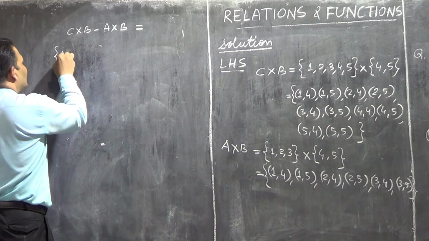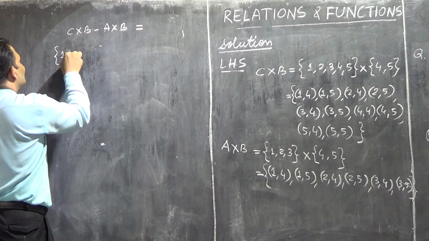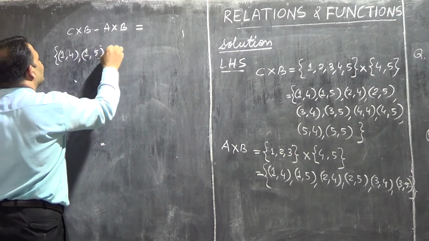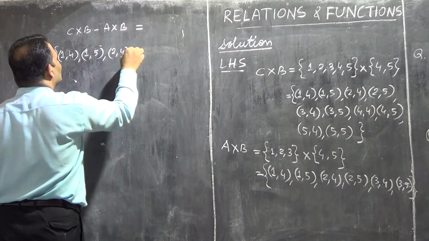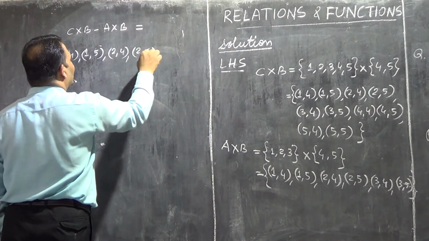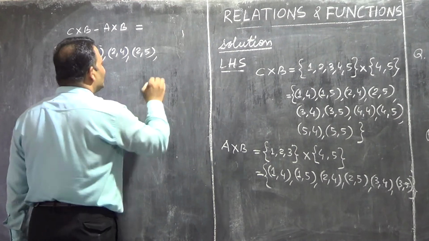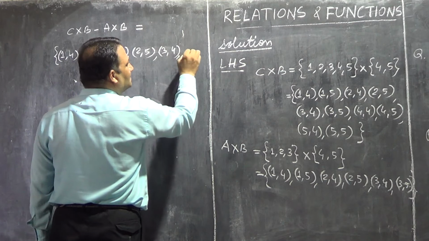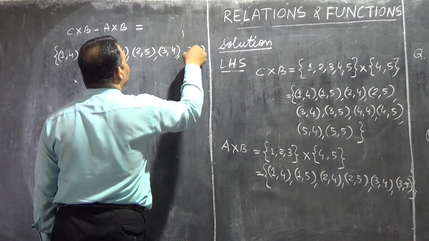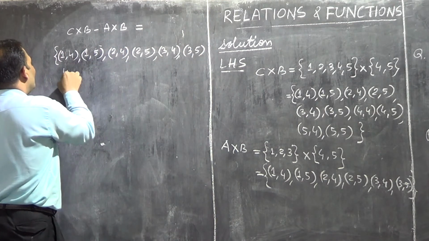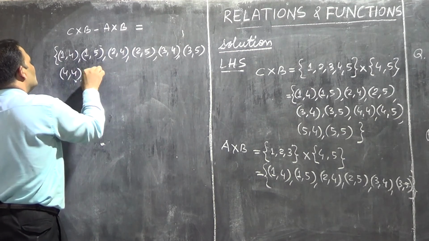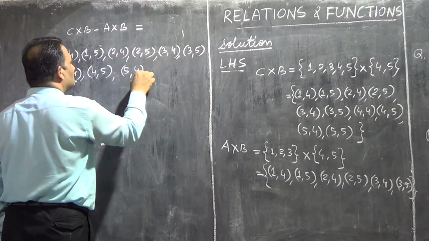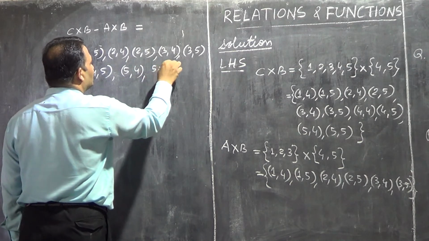That is 1, 4, 1, 5, 2, 4, 2, 5, 3, 4, 3, 5, 4, 4, 4, 5, 5, 4, 5, 5.